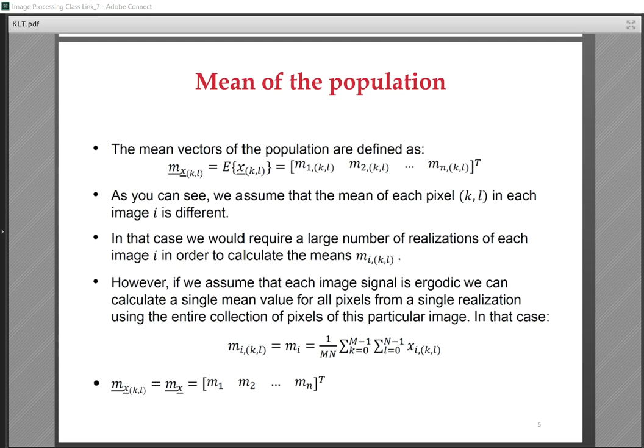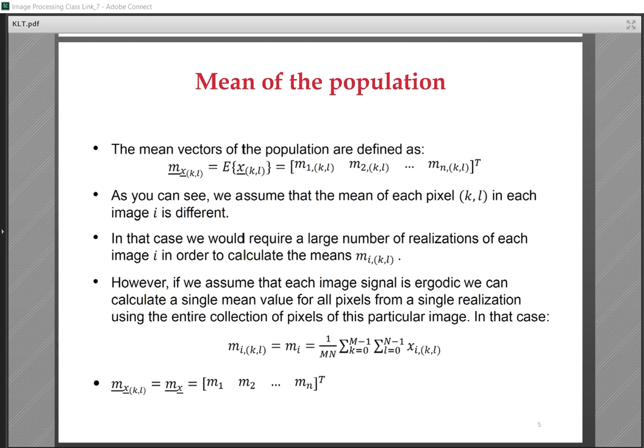Each image has a specified average, m1, m2, etc. In this case, we will require a large number of realizations of each image i in order to calculate the means mi(k,l). These are very hard calculations, for all (i,j) or all (k,l) in all of the images.